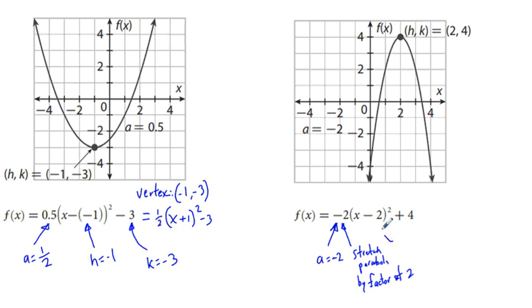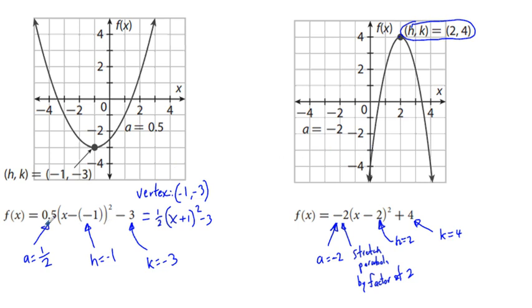Now we have h equals 2, and k equals 4. So we have our vertex here at (h, k) equals (2, 4). So we are going down from the vertex, opening downward for our parabola.